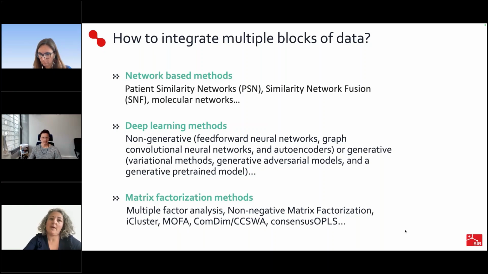You can also apply deep learning methods, all the family of neural networks, the autoencoders, the generative AI, etc. And the matrix factorization methods, for example, multiple factor analysis, or MOFA in the Bayesian family, or COM-DIM, consensus OPLS, which will be the focus of this talk today.